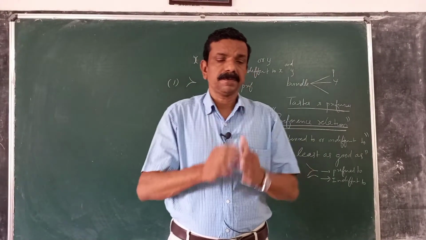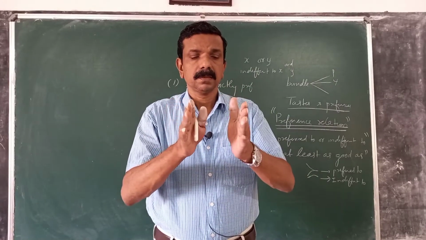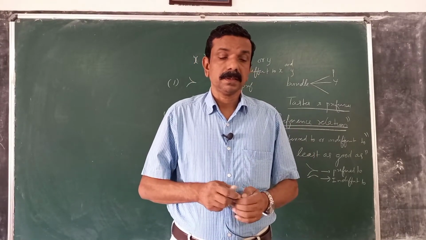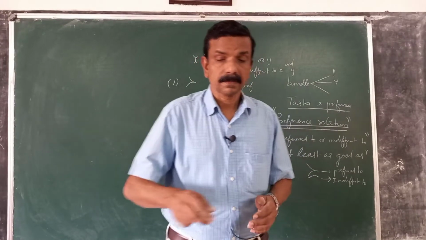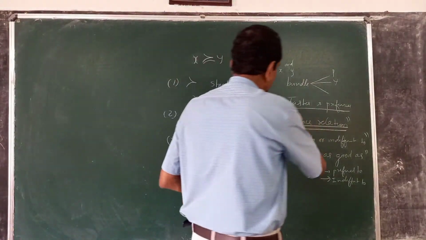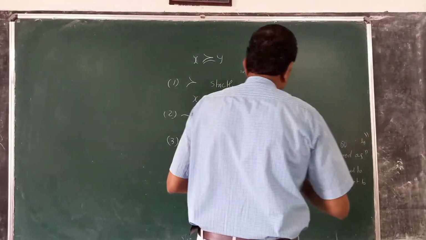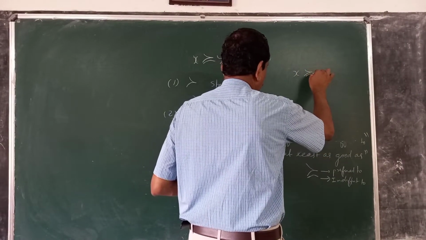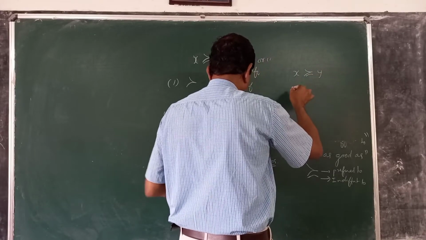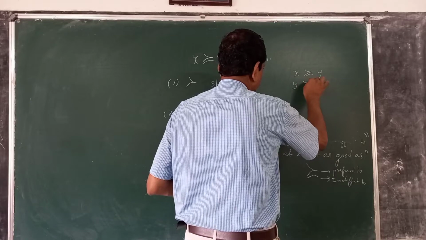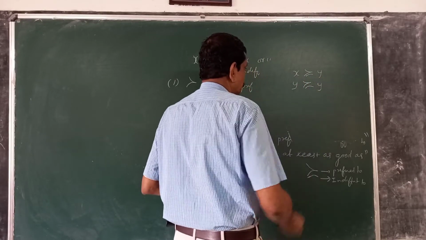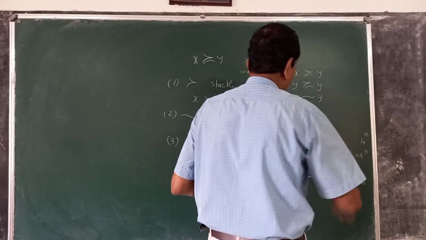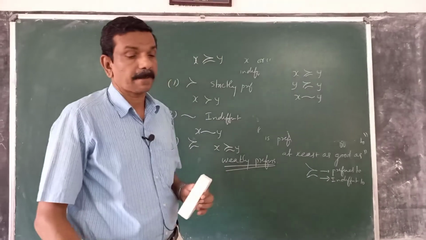And these relations of strict preference, weak preference and indifference are not independent. These relations are dependent. Let us see what is the relation. Suppose that the bundle x is preferred to or indifferent to y, that is weakly preferred, and y is preferred to or indifferent to x, then it follows that the consumer is indifferent between x and y.